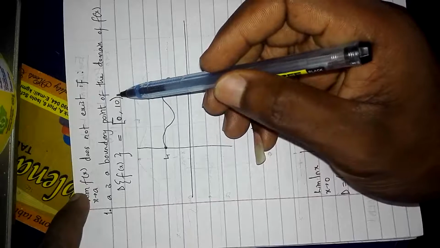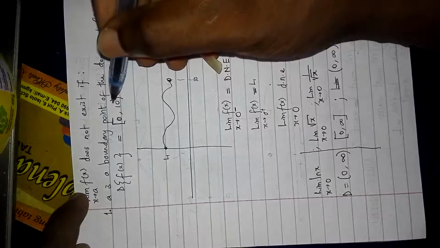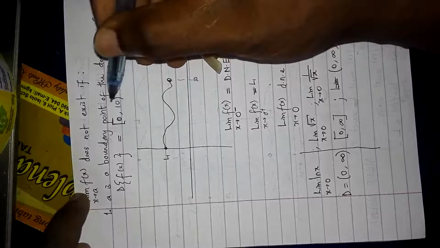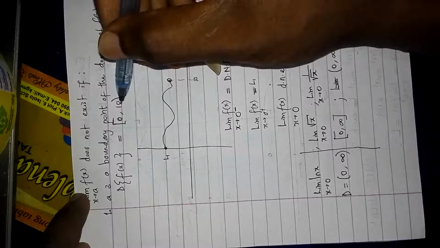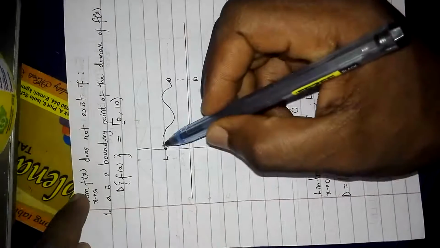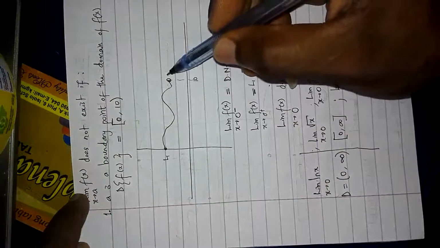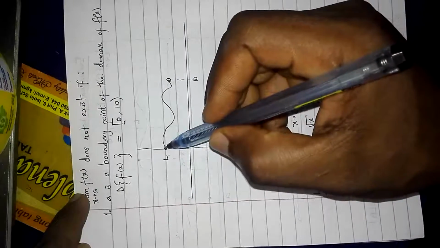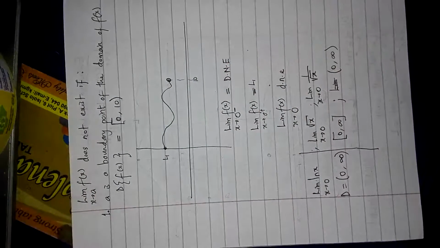If it's another point with an upper bound of the domain of that function, then there will be the limit of that function as x approaches that number, 10 in this example, from below. So as you can see here, this function is undefined below this and it is undefined above this. It means the limit does not exist at this point. That is the general limit.